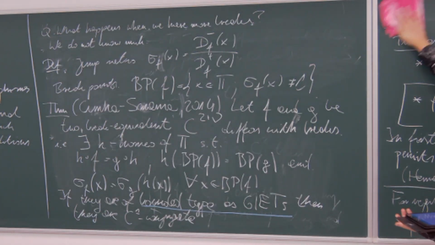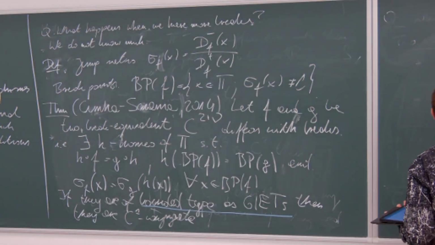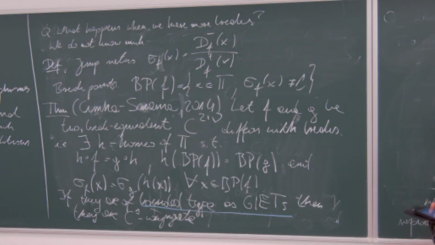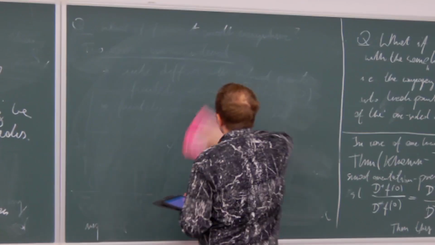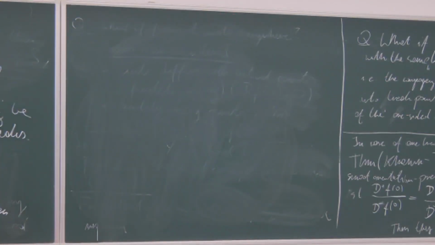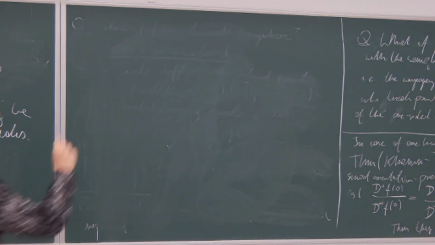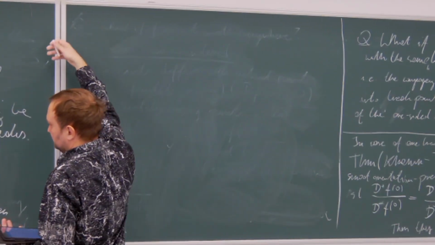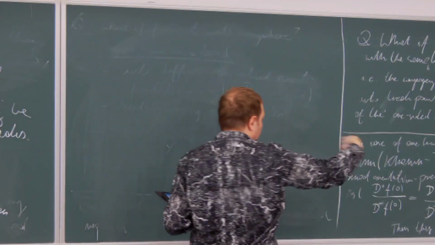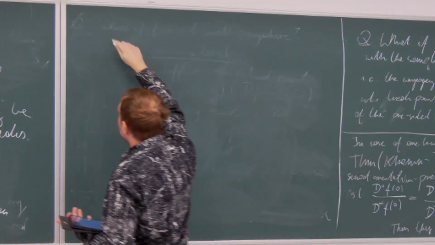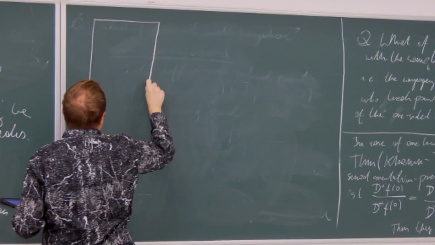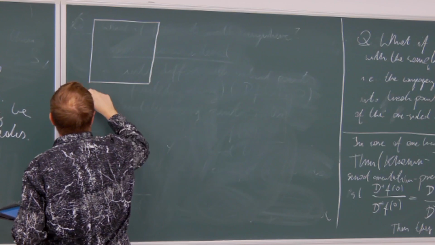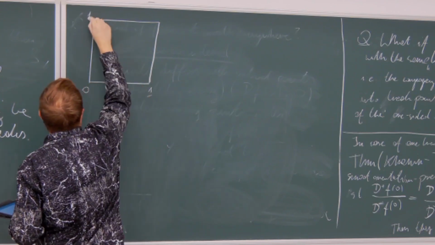Okay? So let me erase this, and let me draw a picture of something which is of the piecewise diffeomorphisms that we consider. So of course we can identify the circle with an interval, right?